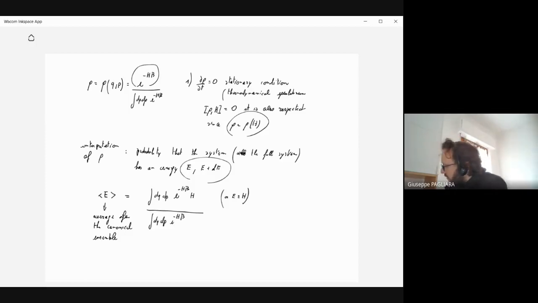Now, here consider that A equal to E, they are functions of q and p, so they depend on the microphysics, the positions and the momenta of the particles. But when we do the average over the canonical ensemble, we don't have any dependence anymore on the microphysics. This is the average energy, and actually this corresponds exactly to the internal energy of thermodynamics.